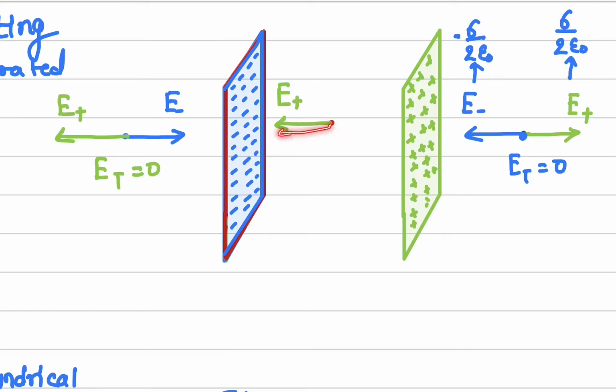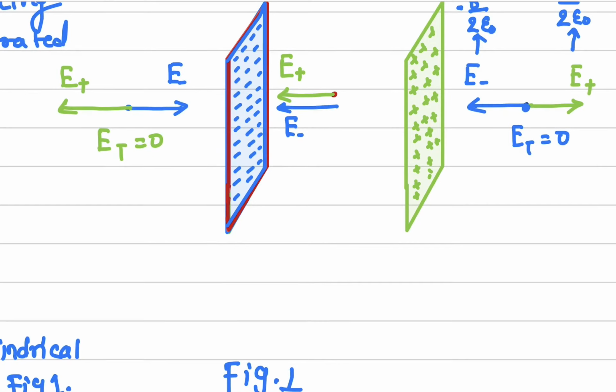And due to this negative charge, the electric field at this point will again be towards the plate. So this is E negative. Both electric fields between the plates are exactly in the same direction, and the magnitudes are again equal.